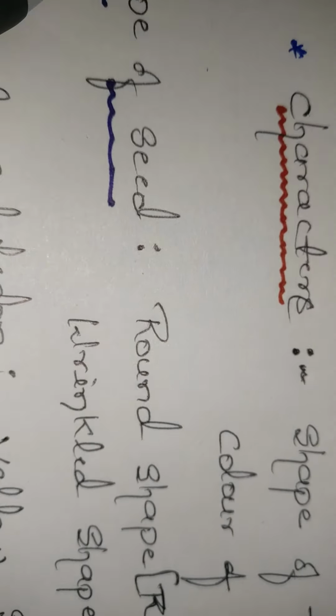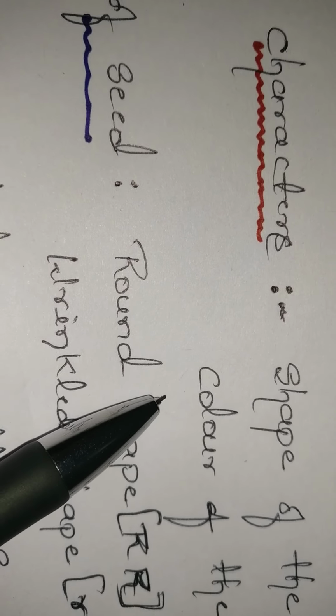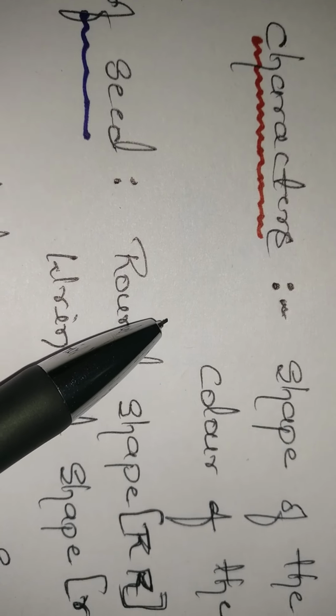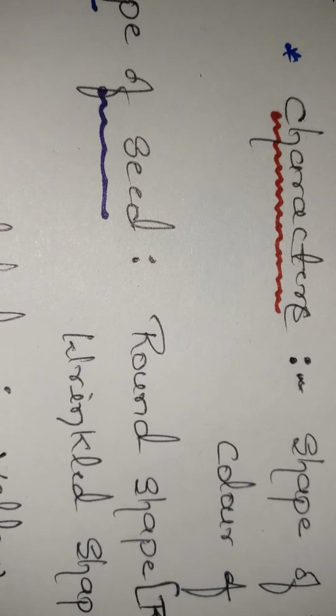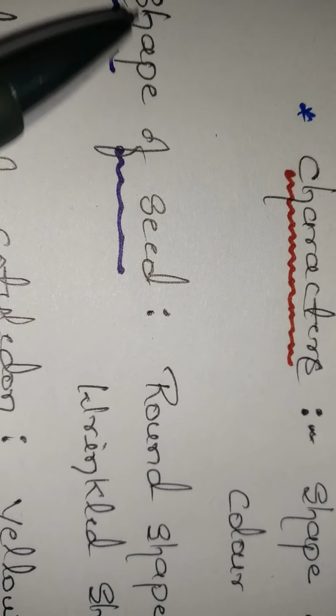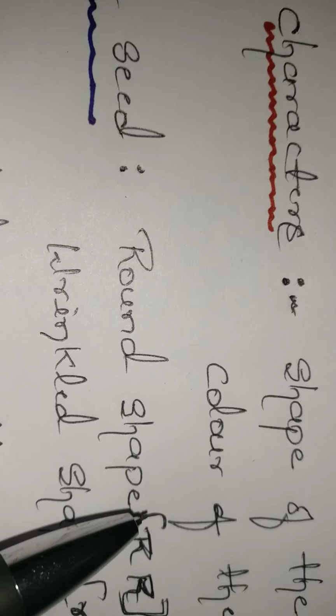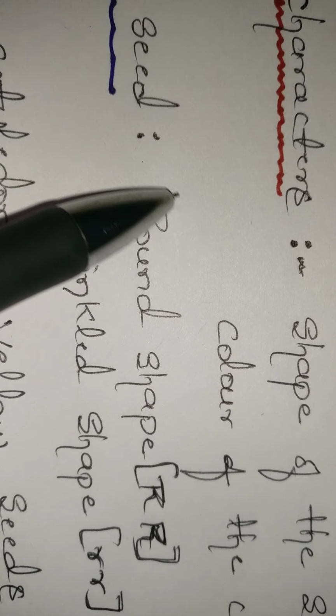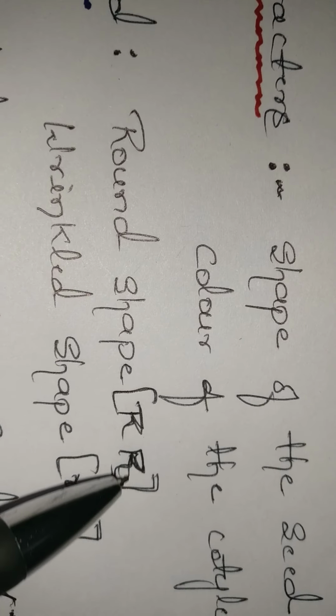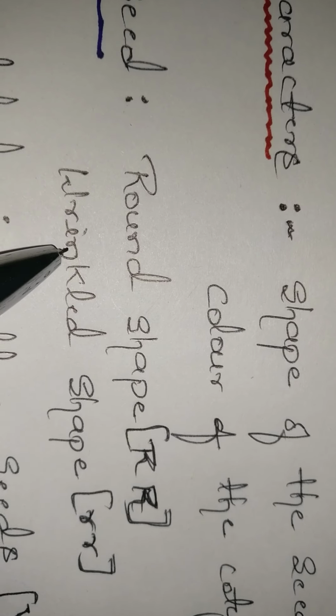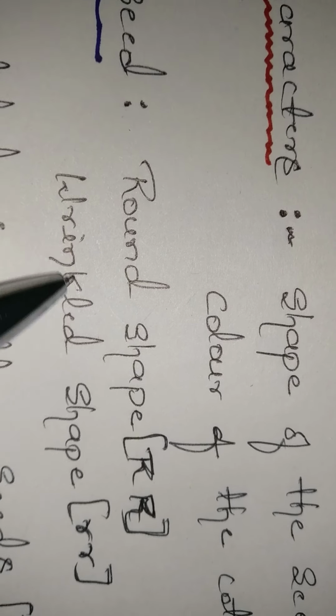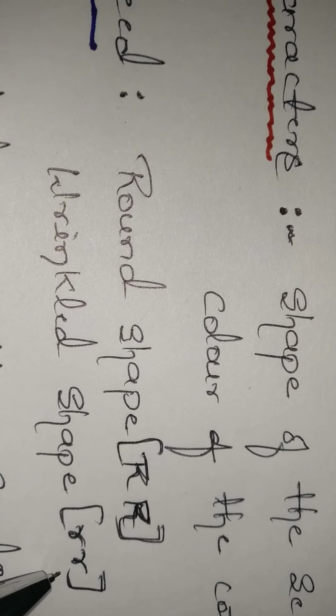Let us see now. For the shape of the seed, he is going to take round and wrinkled. Round is going to play the dominant role, that is capital R and capital R. Wrinkled is going to play the recessive character, represented as small r and small r.